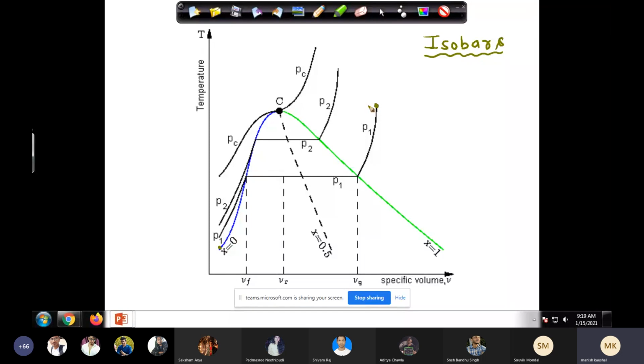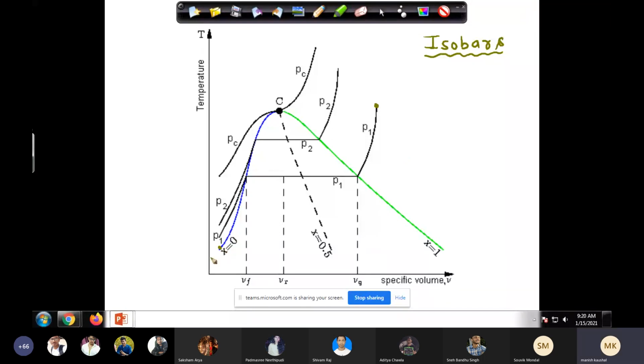Great. So how does this diagram look? What is happening is that you are keeping the pressure constant and you are adding heat to the system. So when you add heat to the system, it will expand as well as its internal energy will also increase. Fine.